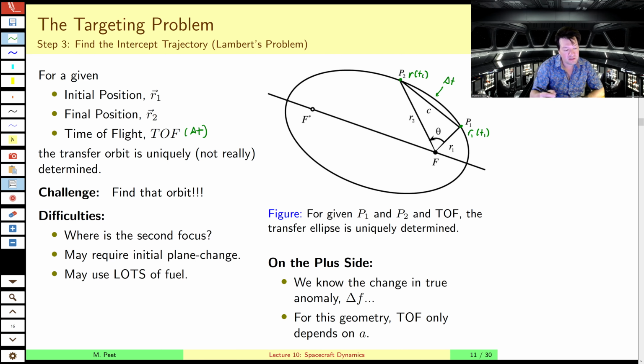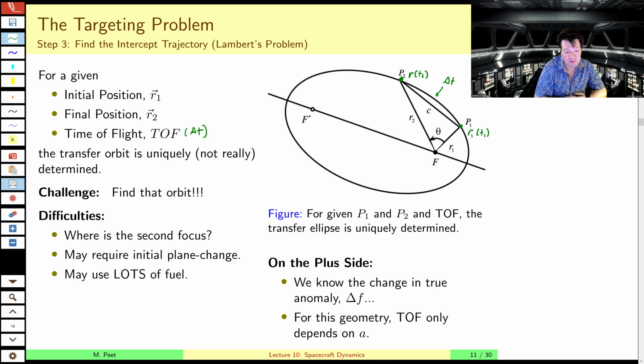So if we look at this problem, which is Lambert's problem, we know several things about this orbit, this intercept orbit. For example, we know two positions within this orbit. We know a position at one point on the orbit, and we know a position at another point on the orbit. Of course, given a position and velocity vector at any point on the orbit, we would be able to uniquely determine the orbit.